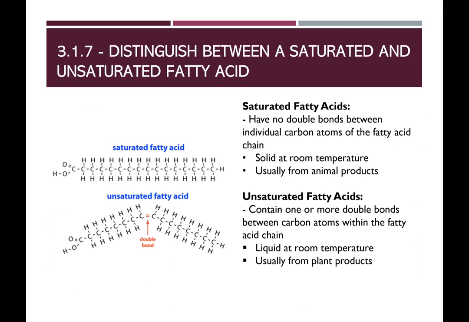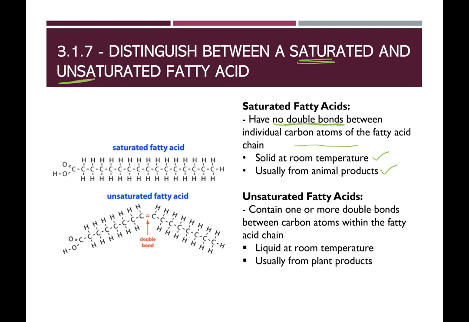Okay. So our next learning target, distinguish between saturated and unsaturated. The key here is talking about double bonds. Saturated have no double bonds, so they're kind of in a straight line. They're going to be solid at room temperature, and they're usually from animal products, so like butter, bacon grease, those sorts of things.